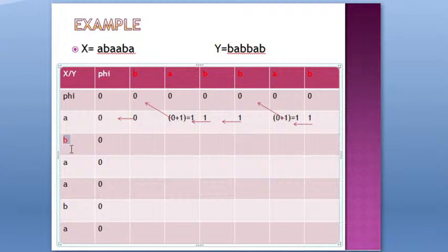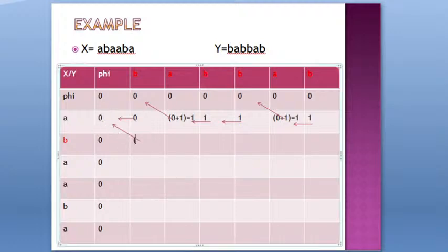Okay. Now while comparing B with B, it is actually matched with each other. If it is matched, I am having only one option: take the element from your diagonal element. So this is my diagonal element.